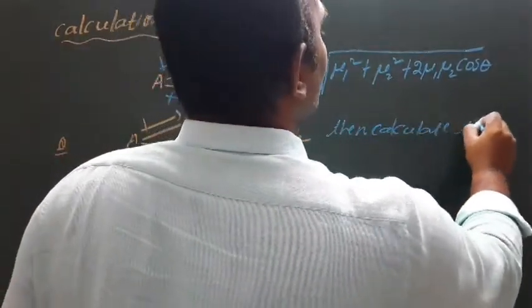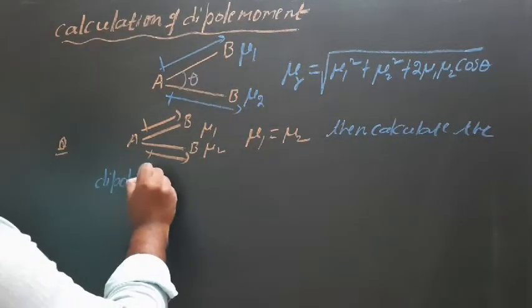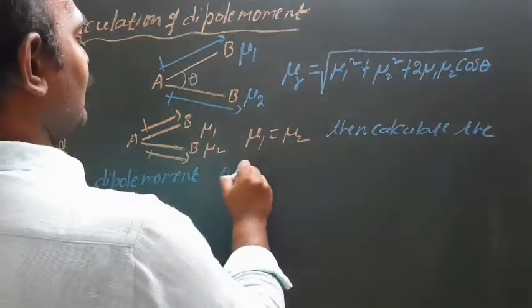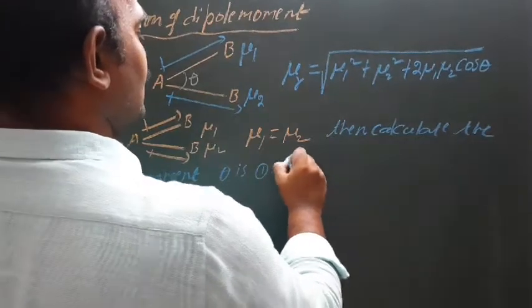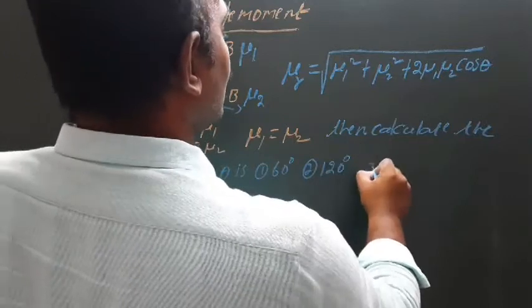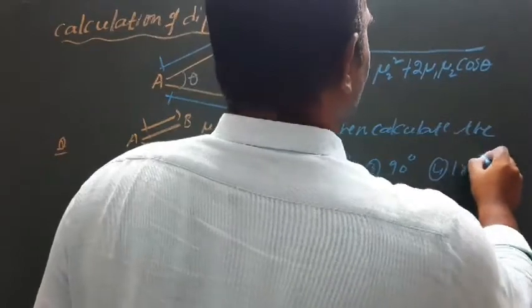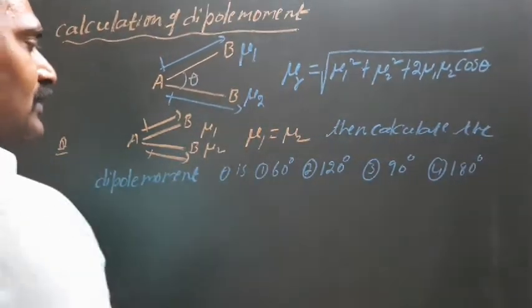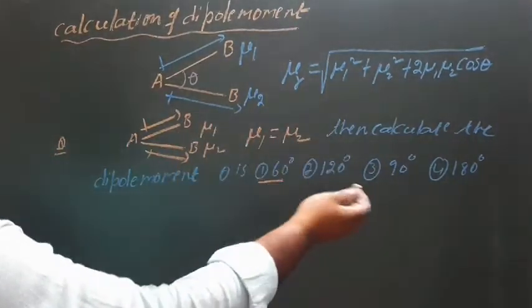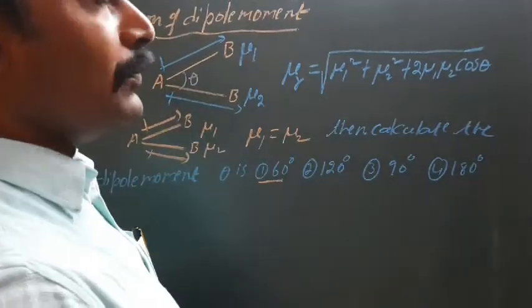Then calculate the dipole moment when the angle is, first, 60 degrees, second, 120 degrees, third, 90 degrees, and fourth, 180 degrees. Now see how to calculate it. If the bond angle is 60 degrees, what will be the dipole moment? At 90 degrees, what will be the dipole moment? At 120 degrees, what will be the dipole moment?